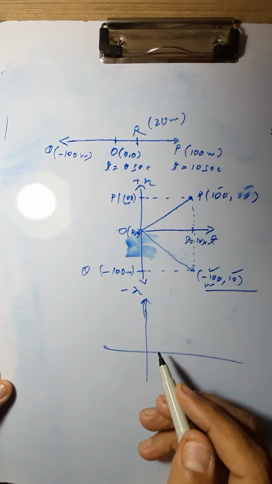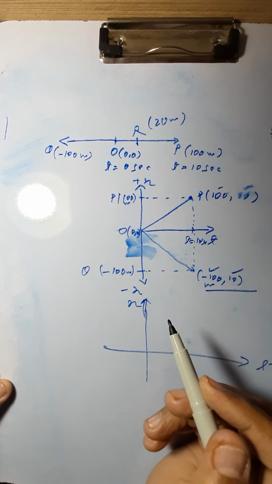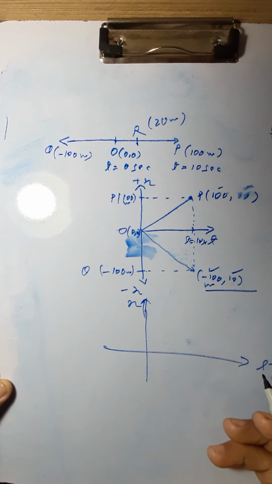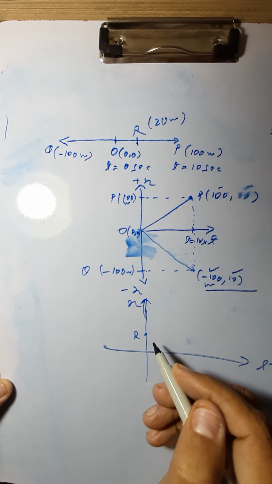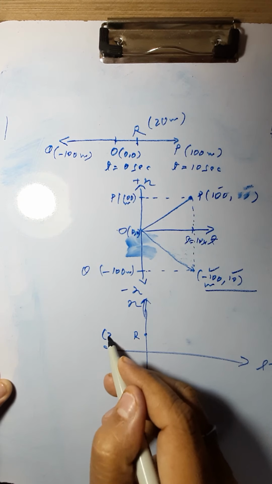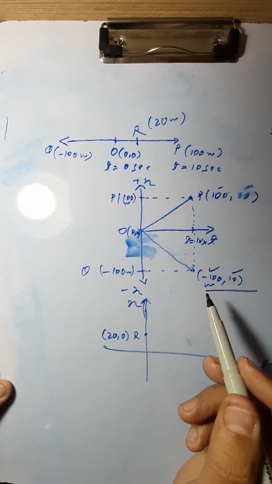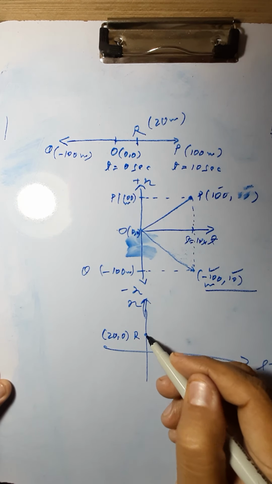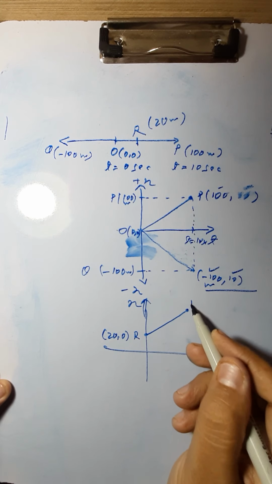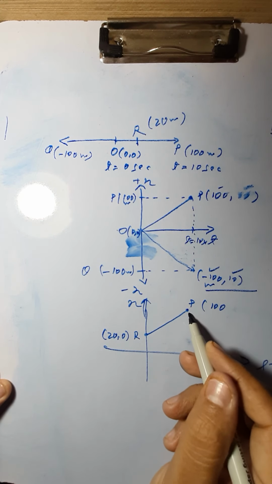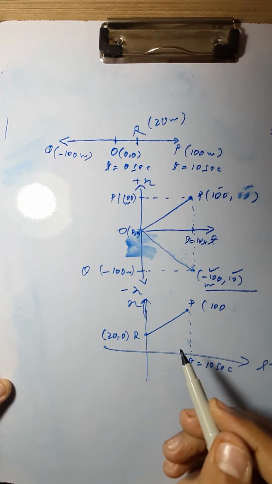So at t equal to 0 second, the particle is at point R, coordinates of R are 20, 0, and if the particle reaches point P, 100 meter, in 10 seconds, its graph would be like this: 100, suppose here it is t equal to 10 seconds.